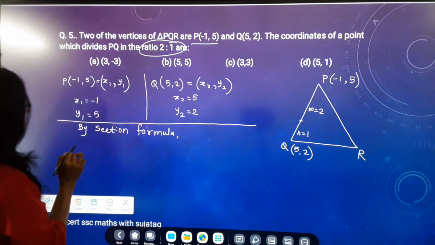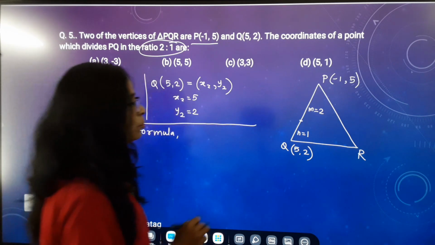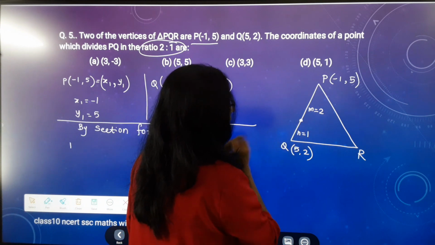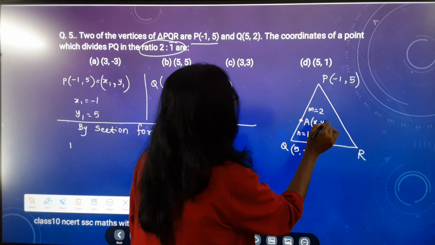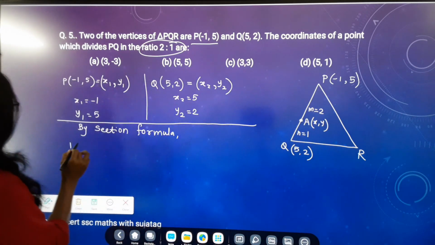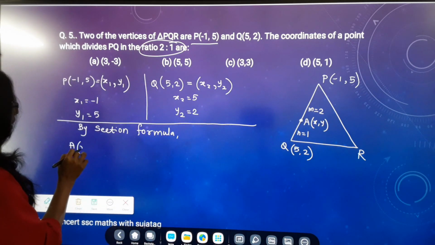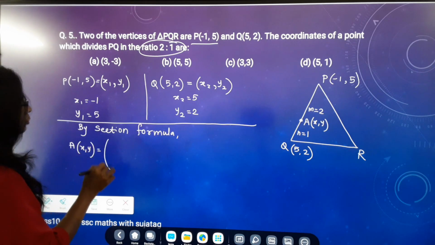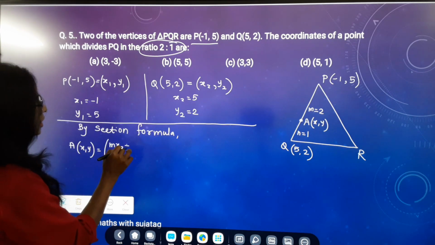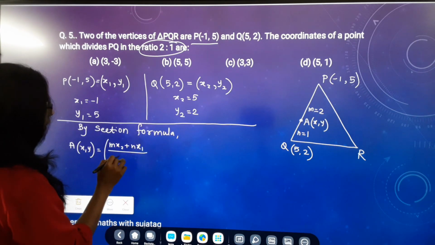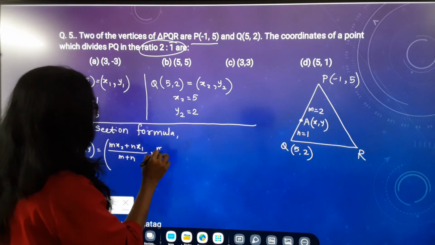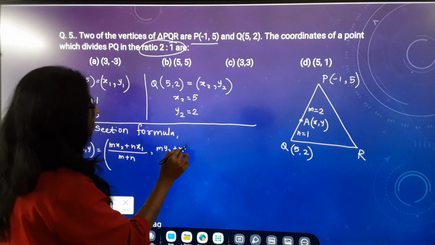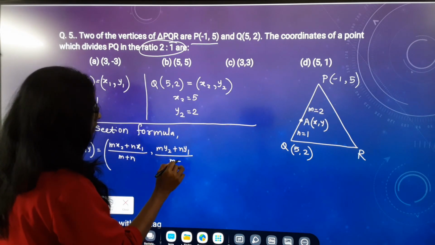Suppose the point which divides the line segment is A(x, y), then A(x, y) is equal to (m x2 plus n x1) upon (m plus n), and the y coordinate is (m y2 plus n y1) upon (m plus n).